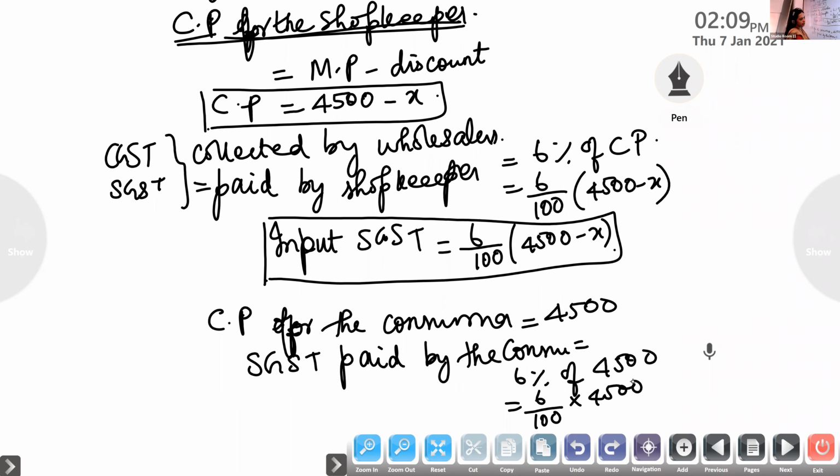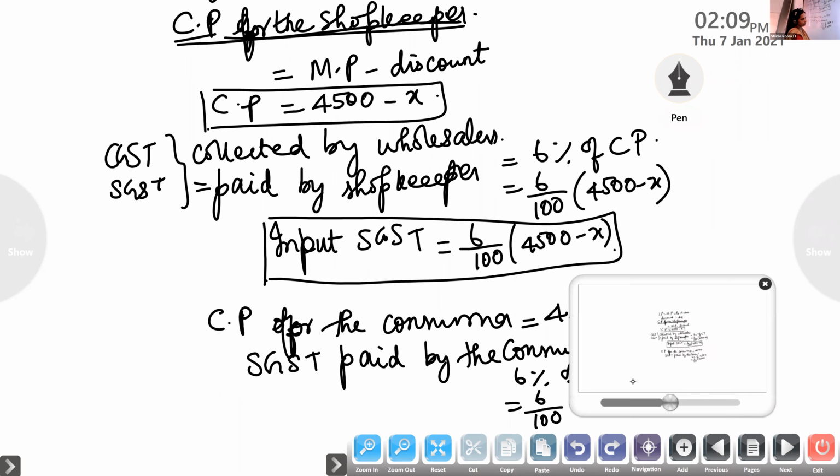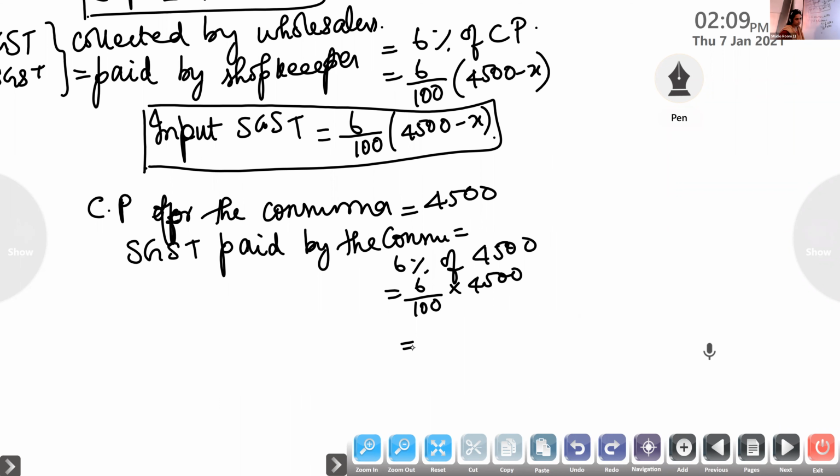Calculate it and tell me the amount. Yes, it is rupees 270. So this is the same as the output SGST.